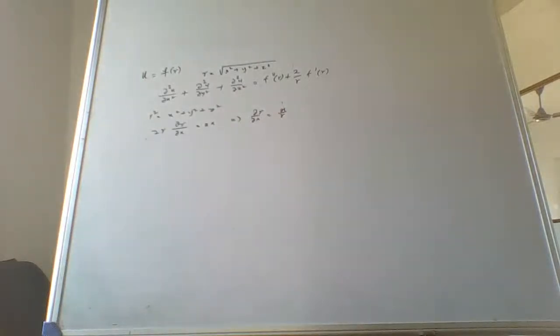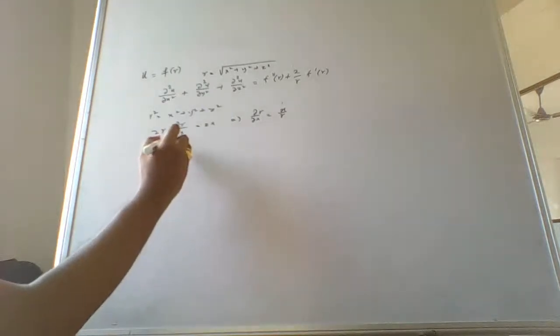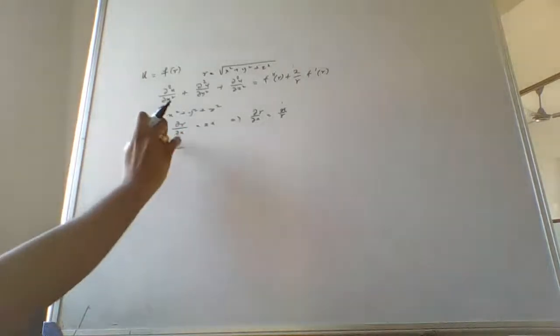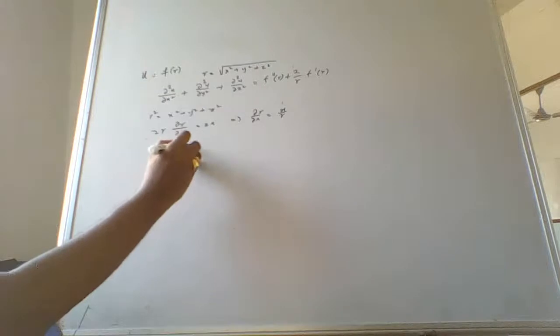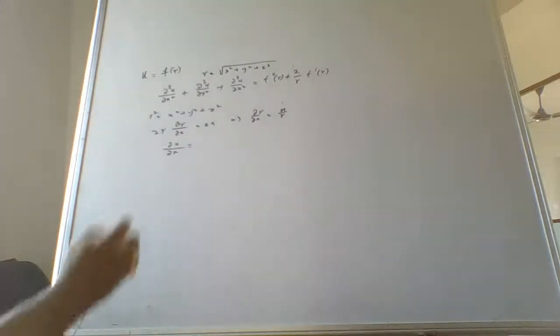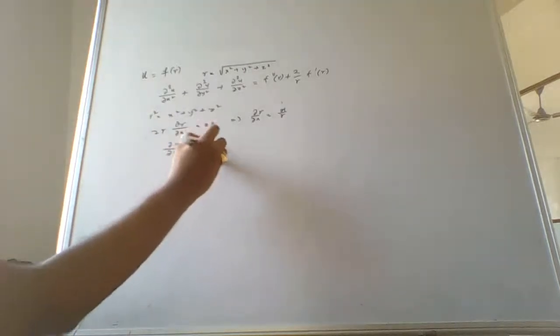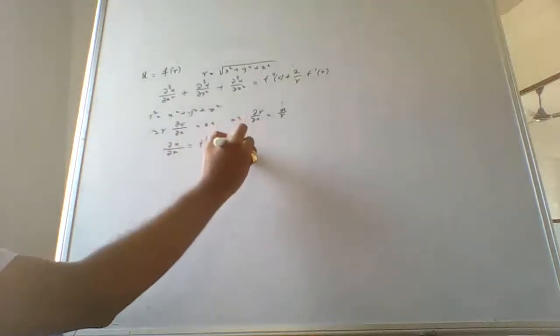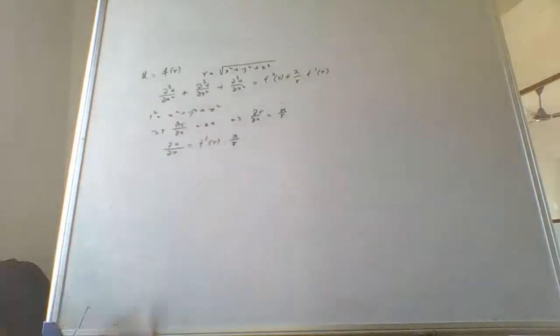Likewise you have dou r by dou y is y by r, and so on. So let us find dou u by dou x. You have this as f dash of r into x by r, because we got what is dou r by dou x.